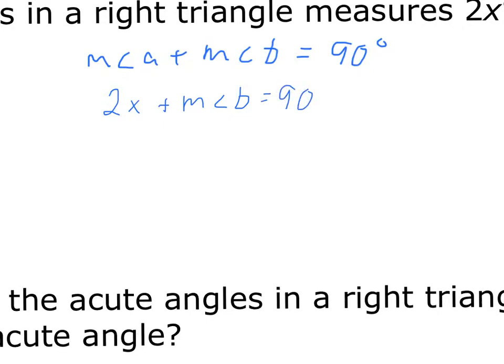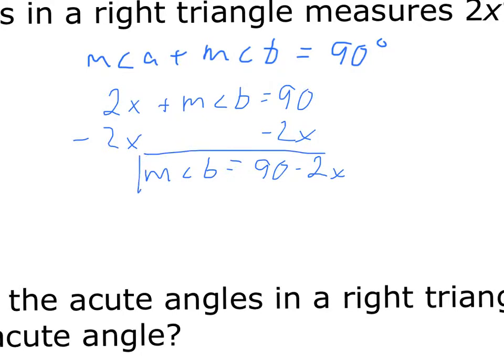Then we can just solve for measure angle B. We subtract 2x on both sides and get that measure angle B equals 90 minus 2x. With this type of problem, you're not going to get an exact answer. It's not exactly concrete, so you're just going to have to be comfortable with the fact that that would be your final answer.